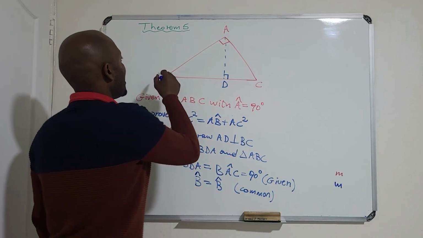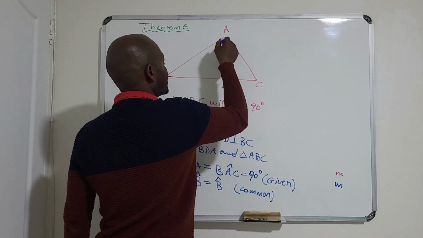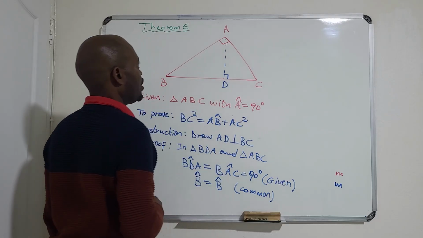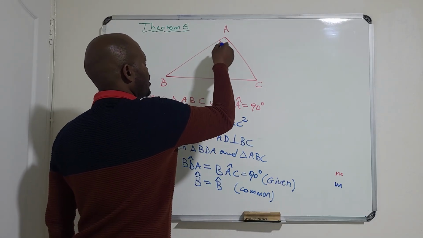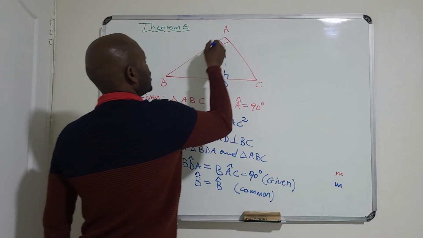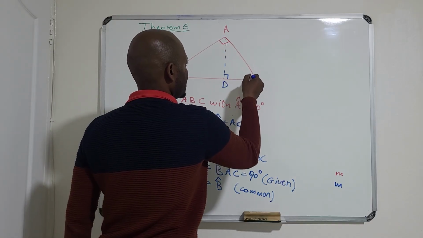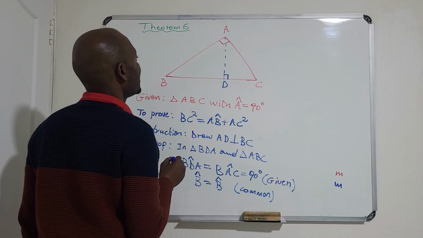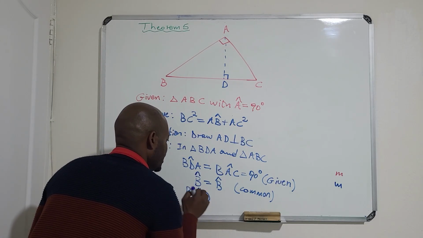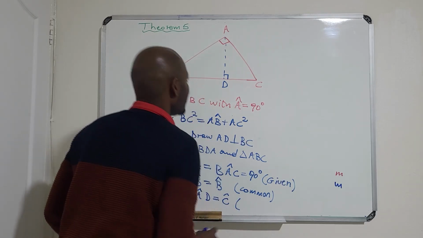Now angle BAD, which is this angle here, is obviously going to be equal to angle C, because this angle in this triangle will be equal to this angle C there. Therefore, angle BAD is equal to angle C.